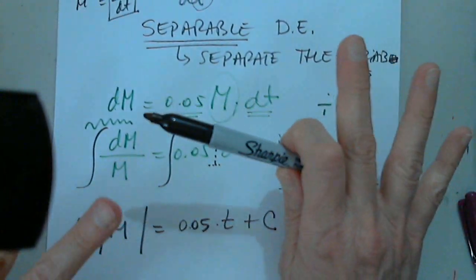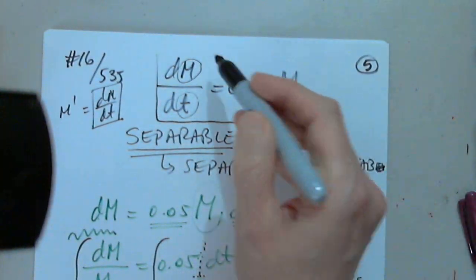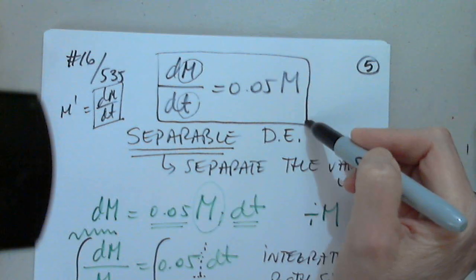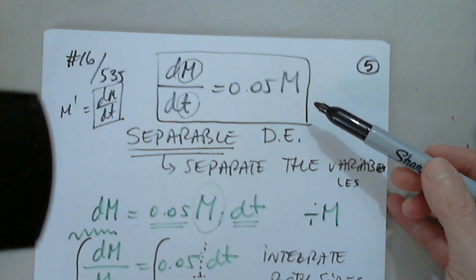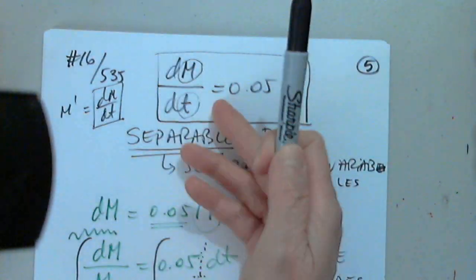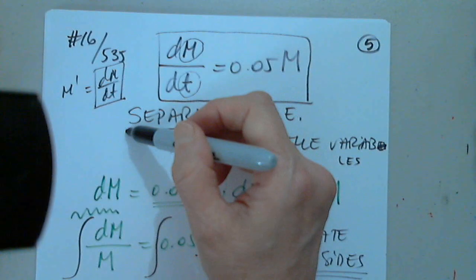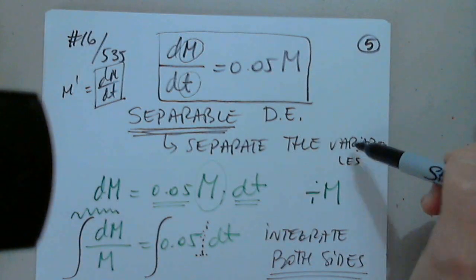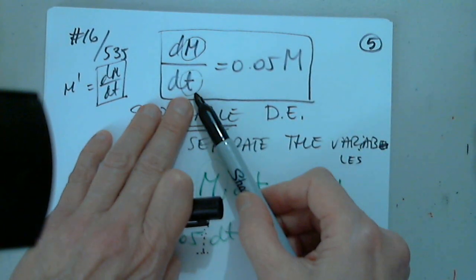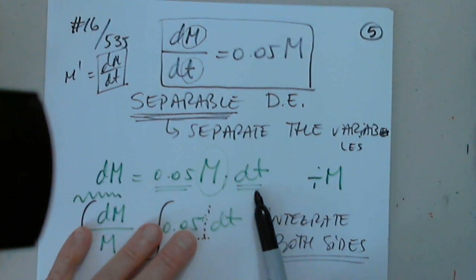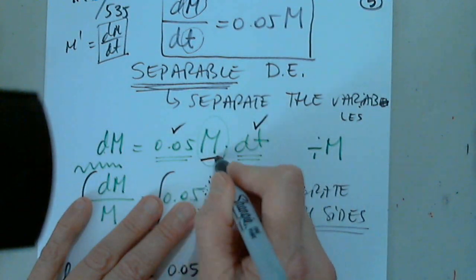So let's summarize what we just did. We were looking at this equation. We were asked to solve. It's a differential equation, right? It has a derivative equals something with a function. So we are separating the variables. By separating the variables, first of all, we realize that we have to multiply both sides by dt, and we did. This is okay to be here, this is okay to be here, but this is not.